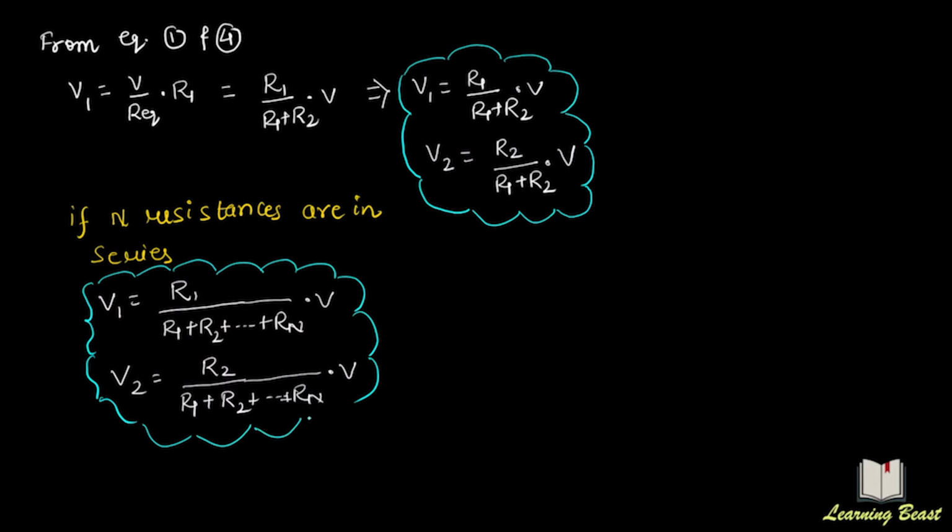So these two laws are representing the voltage division rule, which says that the voltage across any resistor is equal to the value of that resistor divided by the equivalent resistance of the circuit into supply voltage.